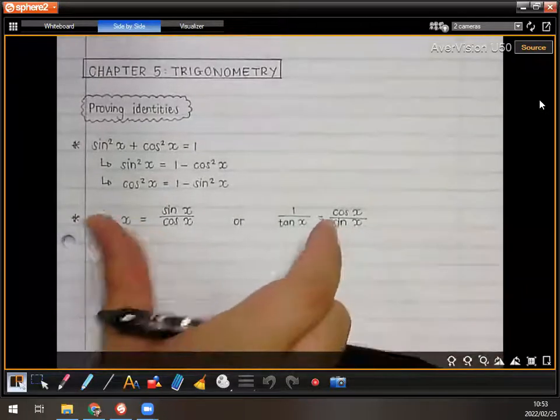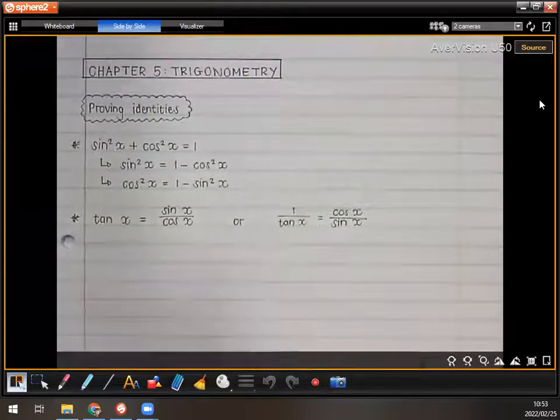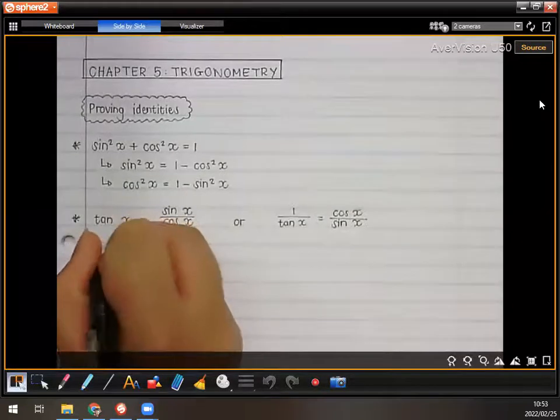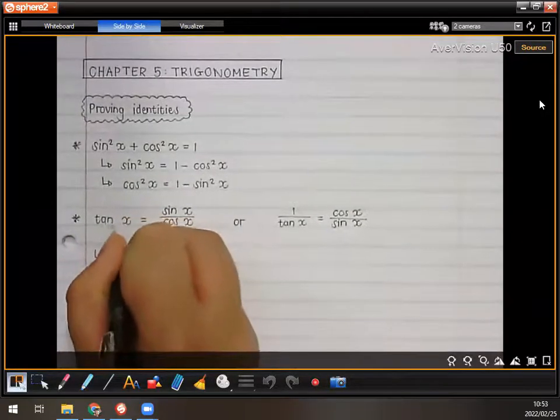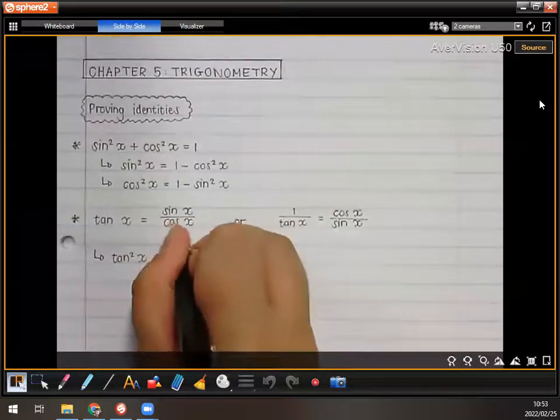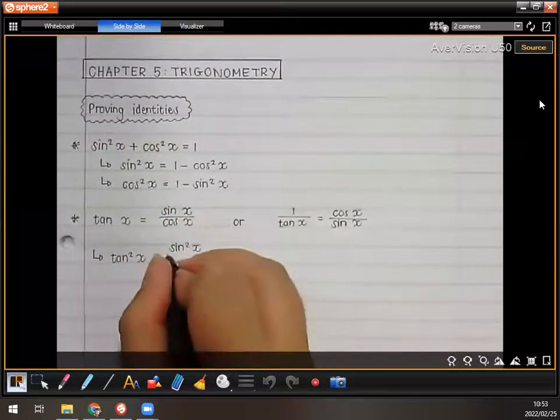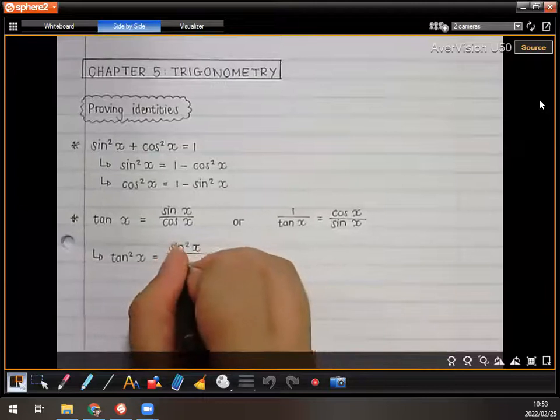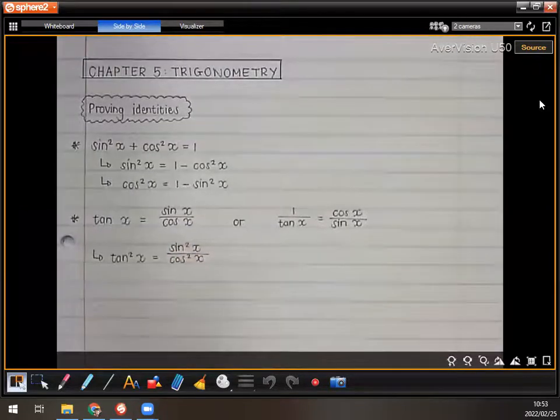But this identity works with squared as well. So, for example, if you have tan squared x, you can change that to sine squared x over cos squared x. The other one as well: cos x is equal to sine x over tan x.